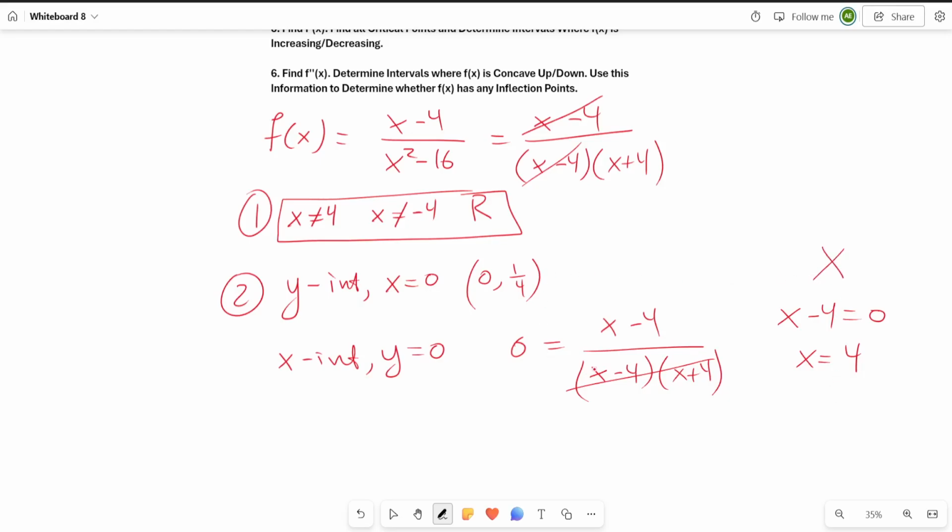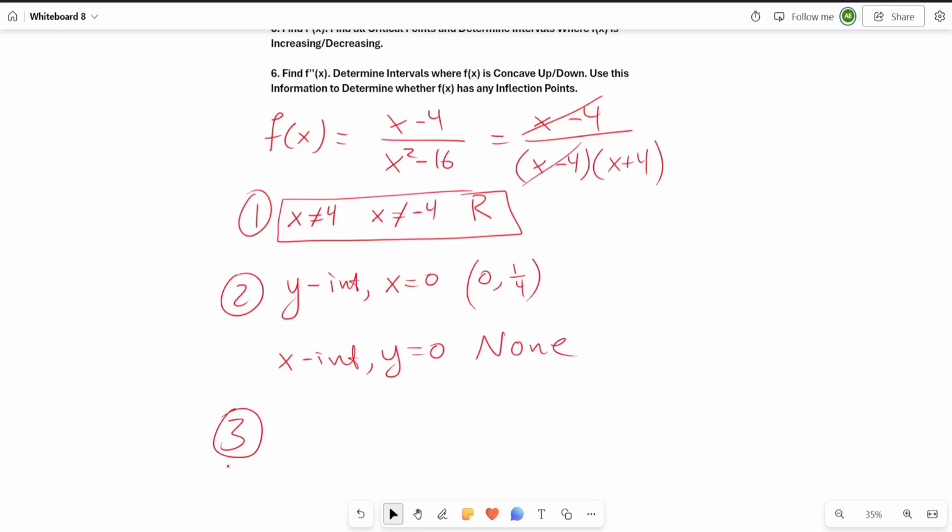That is wrong, because we cancelled a factor, so this doesn't work, because the point where x equals 4 is going to be a hole, or an x value that's undefined. And I can know that from my domain as well. So that's why I need to take care. For x-intercepts, I will not have any. If you told me x equals 4 is an x-intercept, I'll tell you that's wrong. So x-intercepts: none.